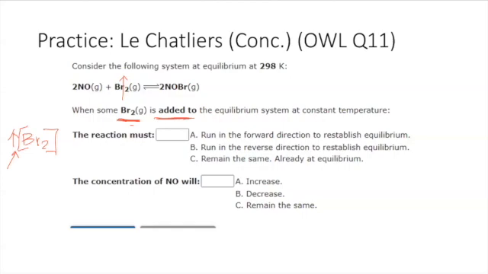We have to reestablish equilibrium in some way. So increasing concentration means push away. So if this is where we increased concentration, we're going to push away from it. So in this case, that is moving in the forward reaction.